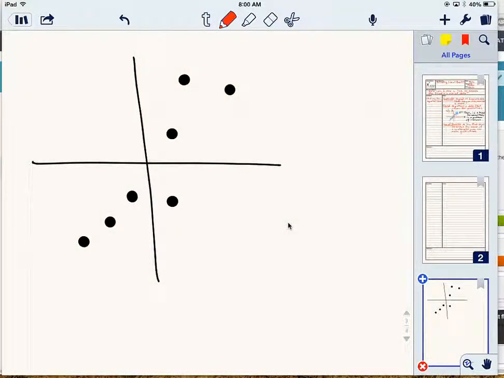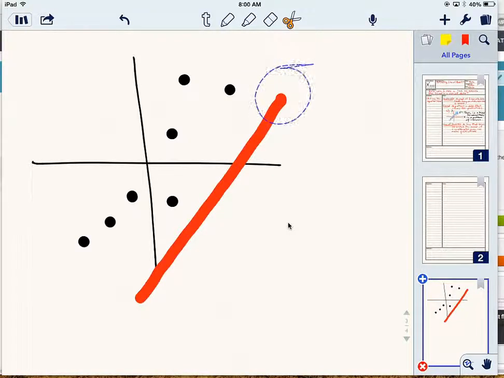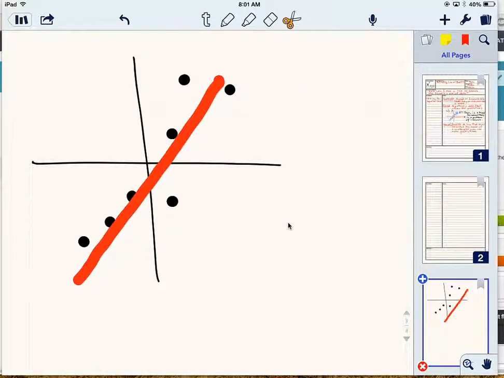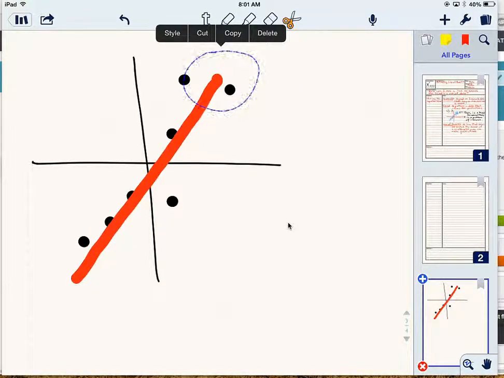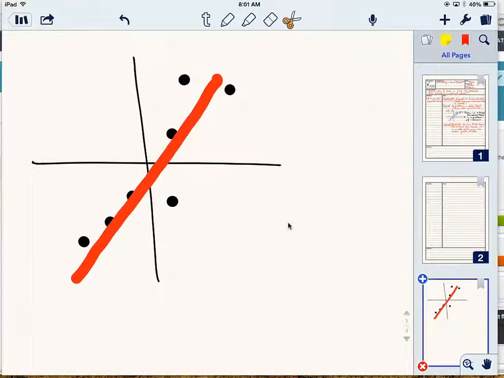Generally, I can tell it's going that way, but I want to be more precise. It seems to be going at roughly that kind of angle or slope. But my line shouldn't be way over here. It should be somewhere in the middle of the data. Once I put it there, it seems like it's cutting the data in half, but it's also matching the slope of the data.